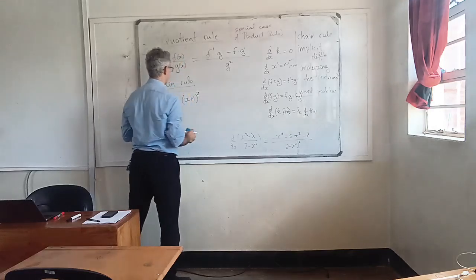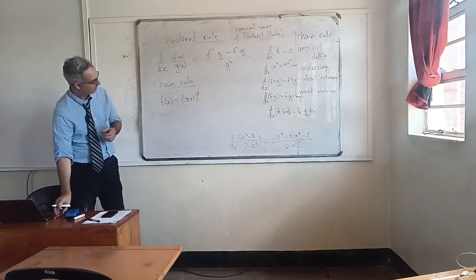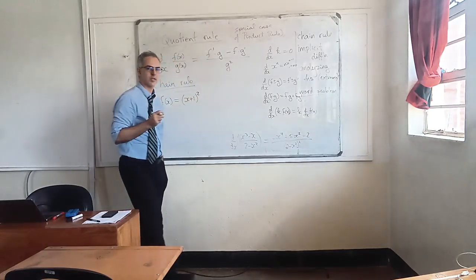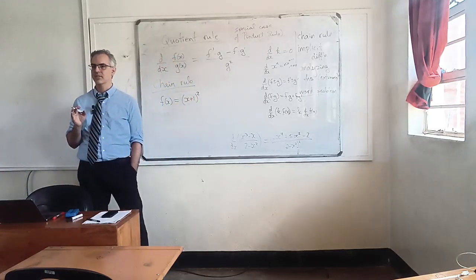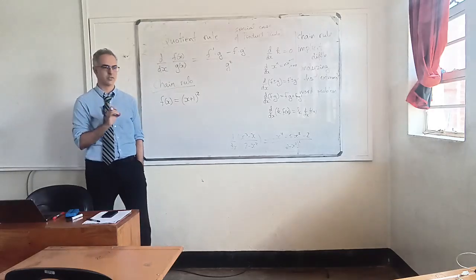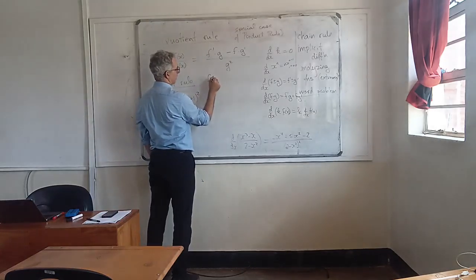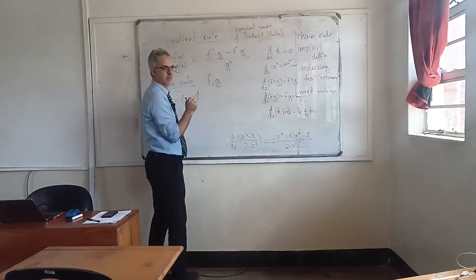So this is where the chain rule comes in. We need to remind ourselves about the composition of functions. To compose a function is to say, I have two functions, f and g.